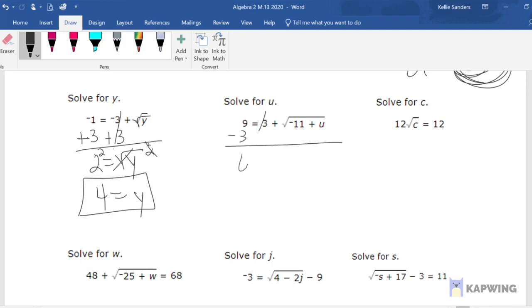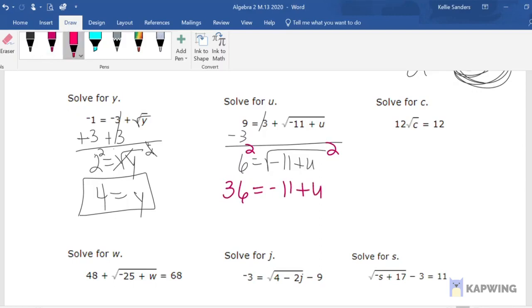Subtract the 3 and get 6. Negative 11 plus U is still there. Square and square to get 36 equals negative 11 plus U. Plus 11, plus 11, 47 equals U.